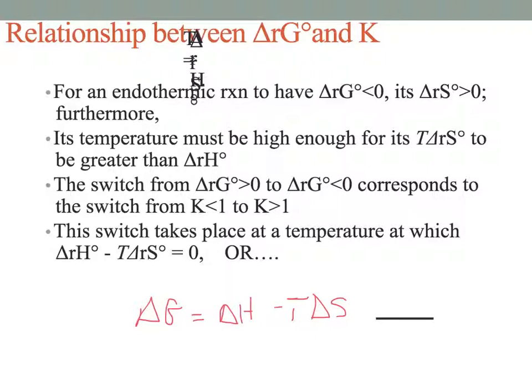We're talking about what has to happen to make the equilibrium constant large enough, or the value for delta G negative enough, in order that the reaction is thermodynamically feasible.